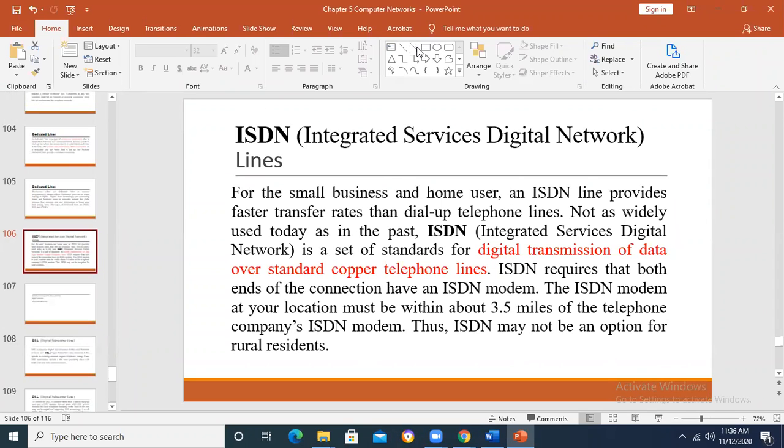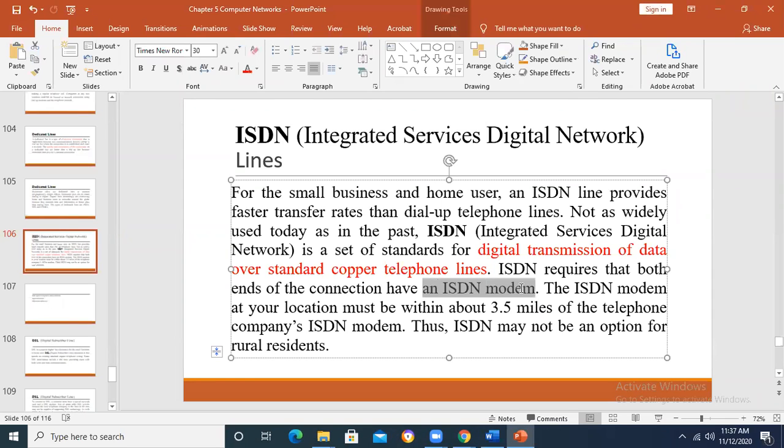But in the ISDN network, you are going to have an ISDN modem. So you need to have an ISDN modem on both sides, and then you will be able to establish a connection between the two computer systems. This is very important over here. But of course, you are going to have better speed.